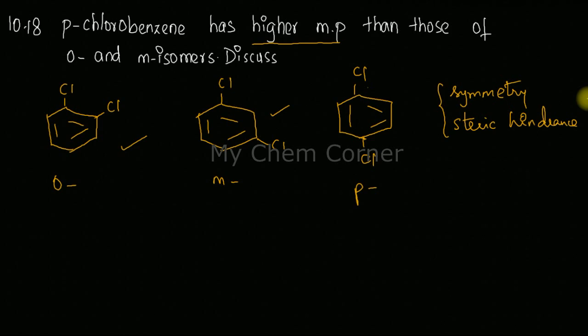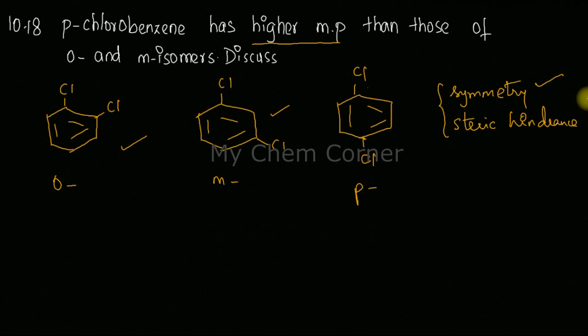When we say melting point, the higher temperature is going to break the bonds. So when the molecule has symmetry and exactly fits into a crystal lattice, it is very difficult to break it from the crystal lattice. Therefore, you need very high energy. So that is one of the reasons why there is a higher melting point for parachlorobenzene.